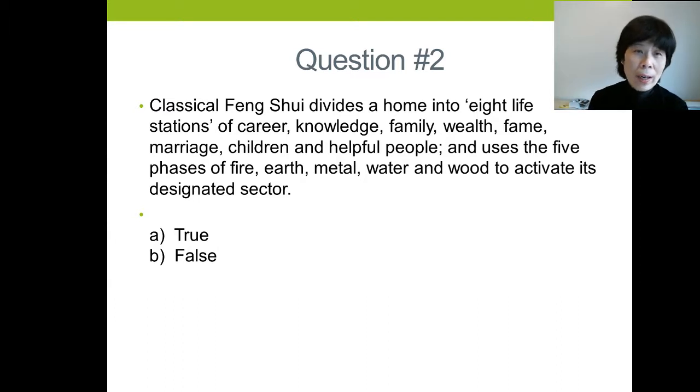Classical Feng Shui divides a home into 8 life stations of career, knowledge, family, wealth and fame, marriage, children, and helpful people, and uses the 5 phases or elements of fire, earth, metal, water, wood to activate its designated sector. So is this true or is this false?